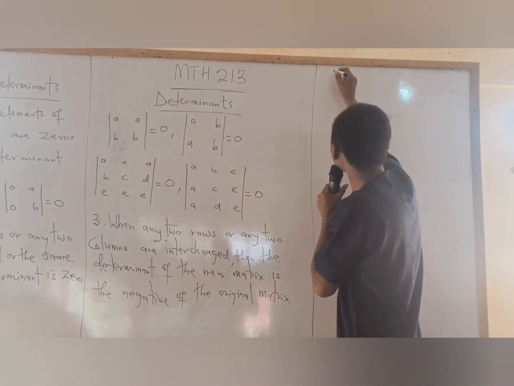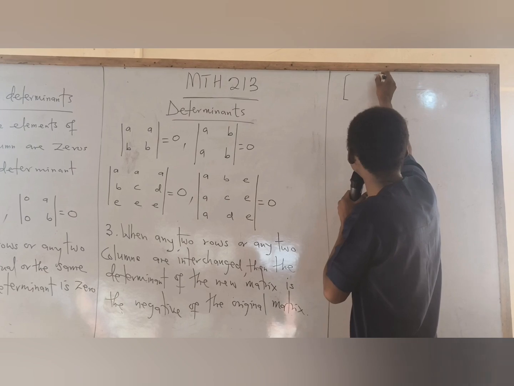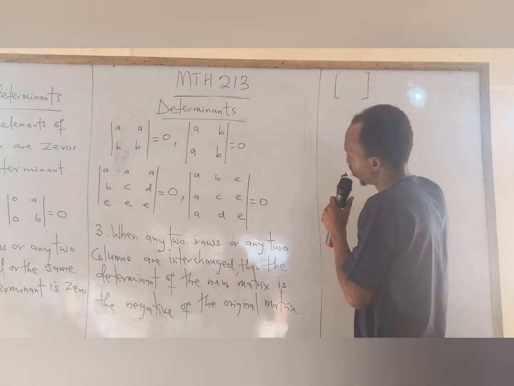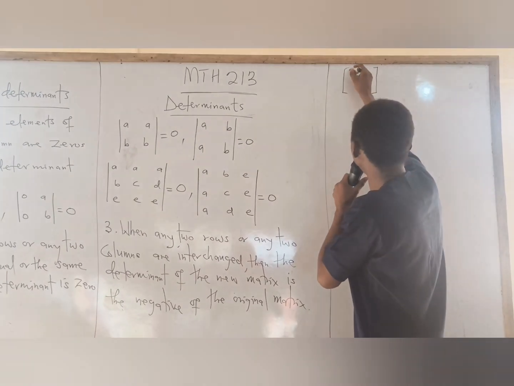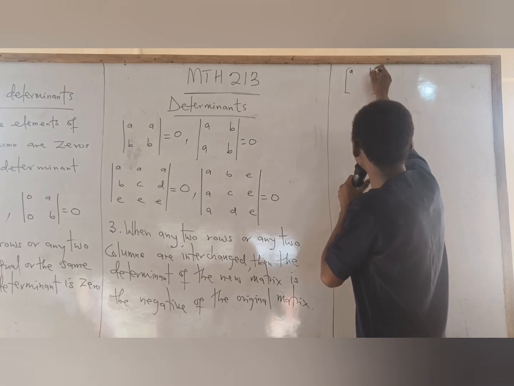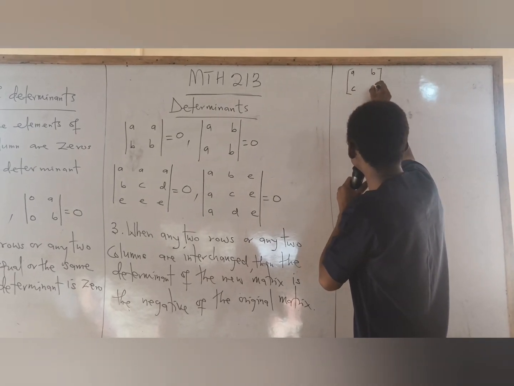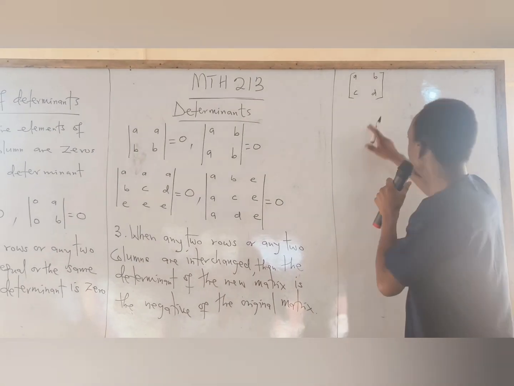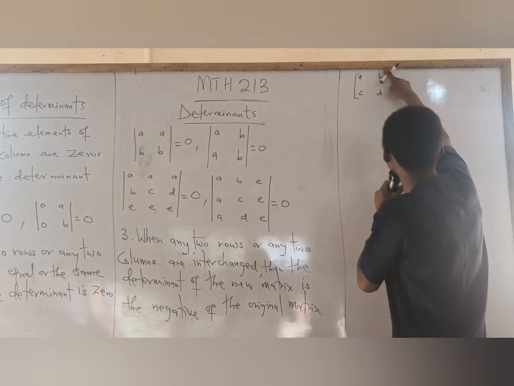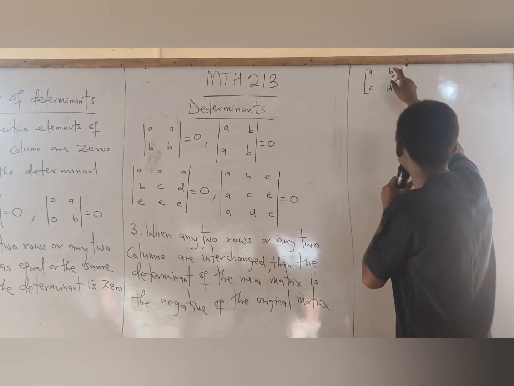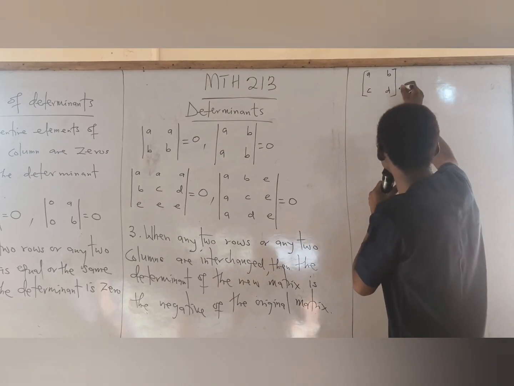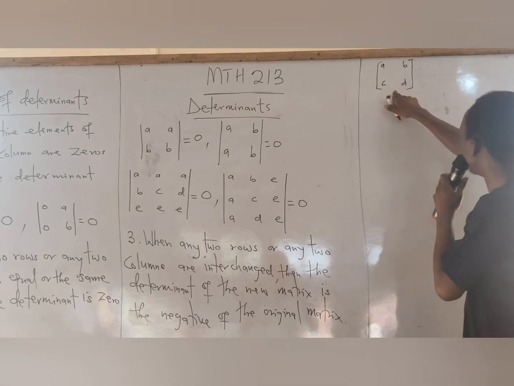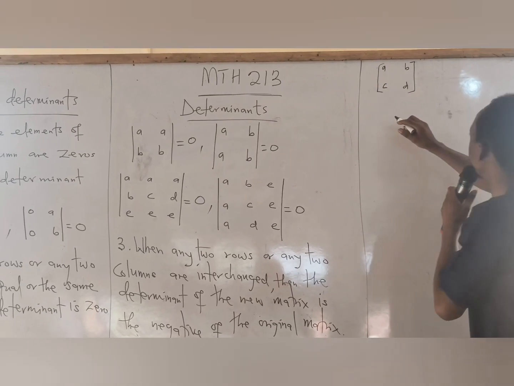So if we write out a 2x2 matrix, say this one is A, B, C, D. Can you see? And then we interchange. Sometimes we interchange.